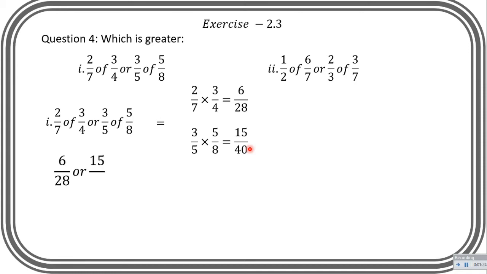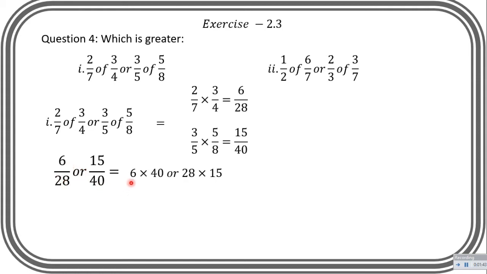Now after this we need to compare 6 upon 28 and 15 upon 40. How will we compare? Either you make them like fractions or do cross multiplication. So here we will multiply 6 with 40 and 28 with 15.